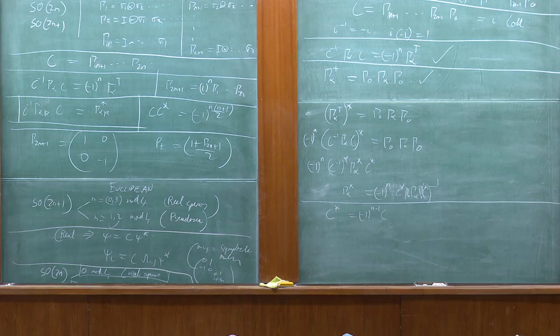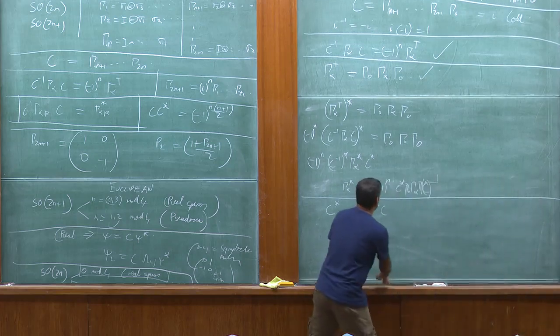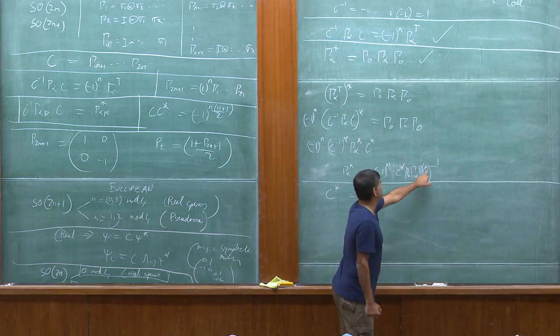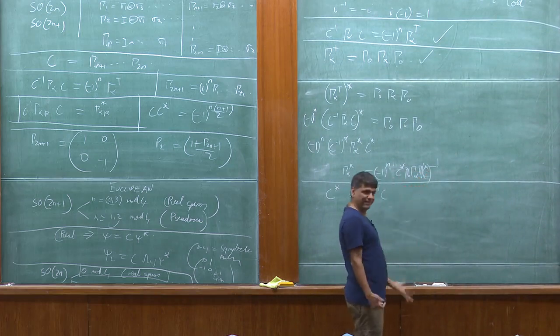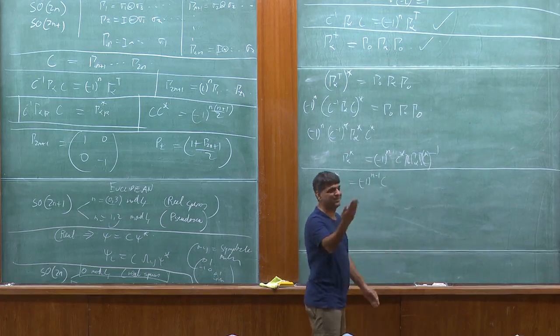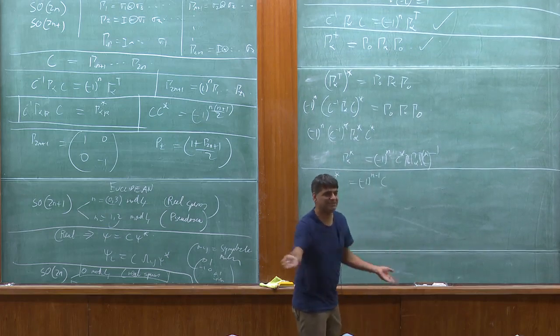Okay, so C star is just minus 1 to the power n minus 1 times C. Right? So we just plug this in. This factor times the same factor in C star inverse goes away. Right? Because minus 1 inverse is minus 1, or plus 1 inverse is plus 1.